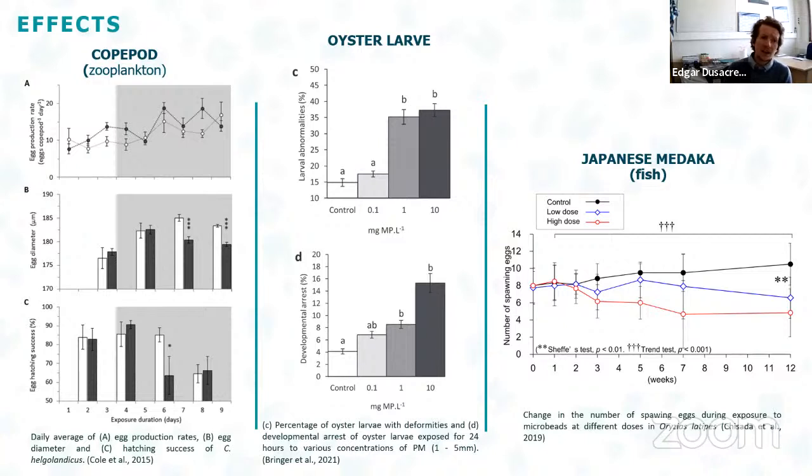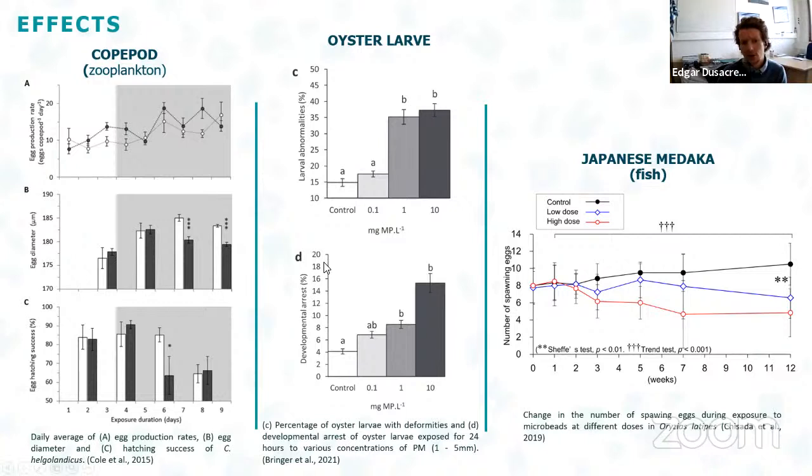However, in the later half of the study, in the center graph, microplastic exposed copepods produced statistically significantly smaller eggs than the control ones. And this trend was also visible for egg hatching success, for which the hatching rate decreased at six days.